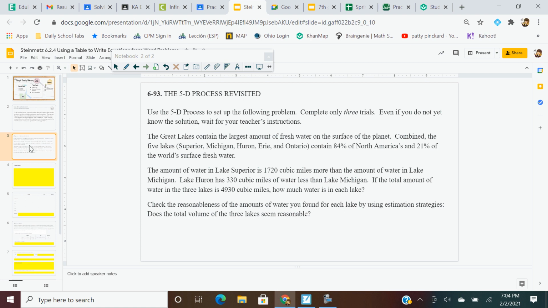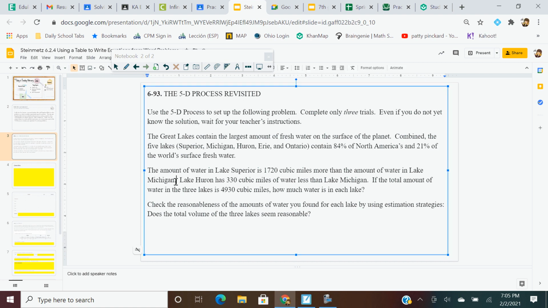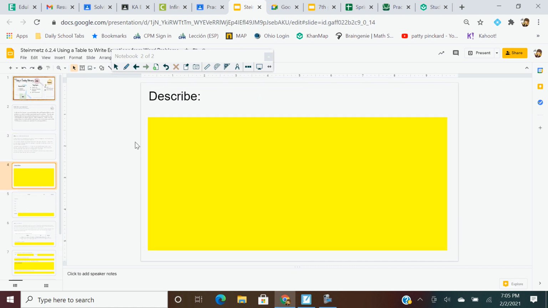It says the Great Lakes contain the largest amount of fresh water on the surface of the planet. Combined, the 5 lakes, Superior, Michigan, Huron, Erie, and Ontario, contain 84% of North America's and 21% of the world's surface fresh water. The amount of water in Lake Superior is 1,720 cubic miles more than the amount of water in Lake Michigan. So this is going to go into our describe.